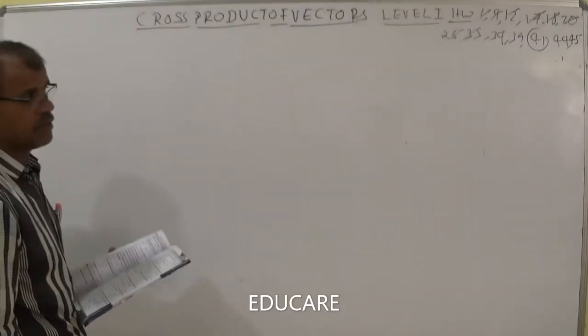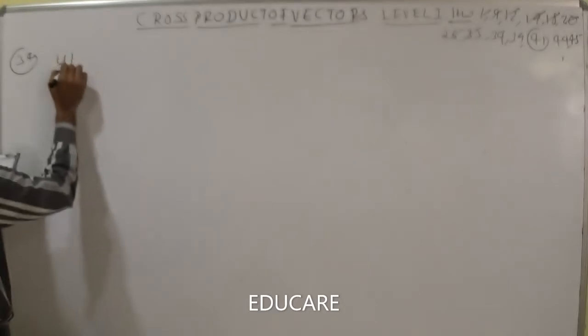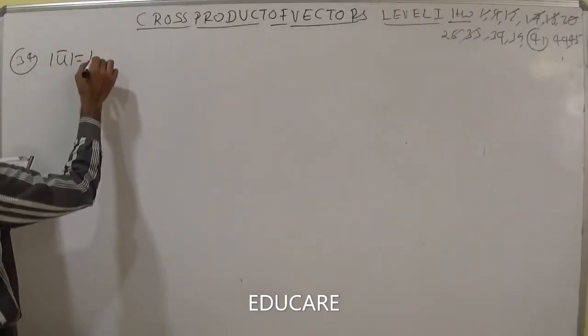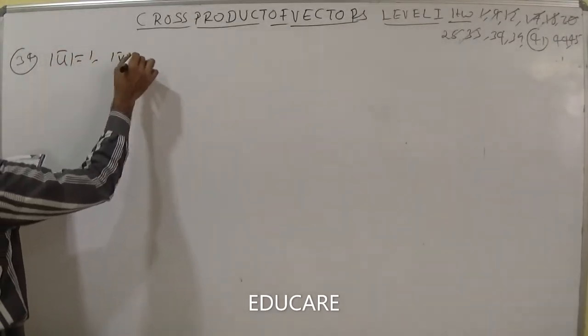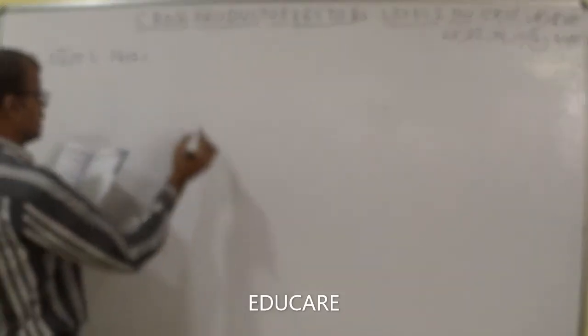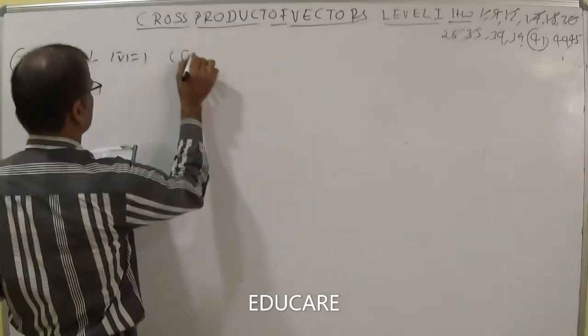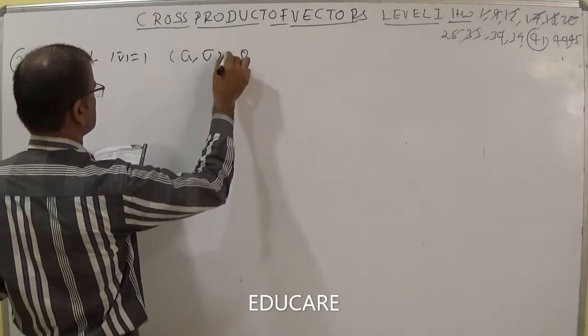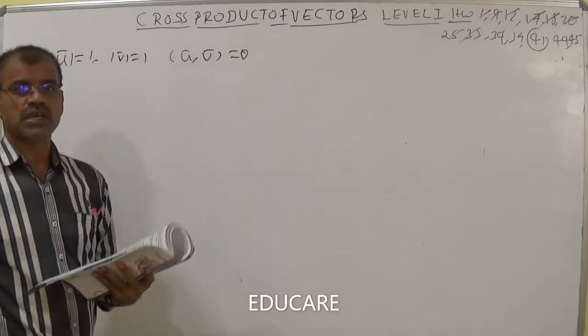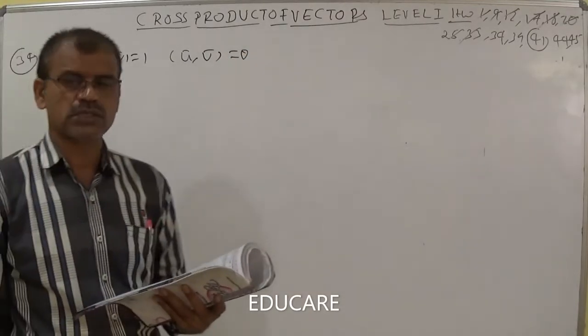Now let us discuss the 34th question. If u bar and v bar are unit vectors, mod u equal to 1 and mod v equal to 1, and theta is the acute angle between them, the angle between u bar, v bar is theta. Then he is asking about the vector 2u cross 3v bar.